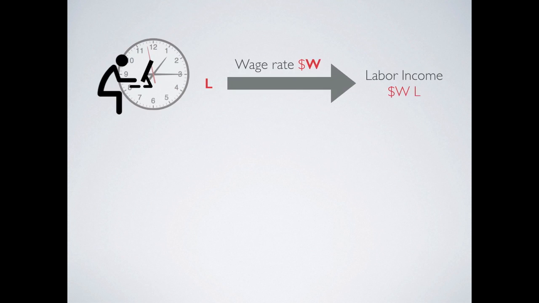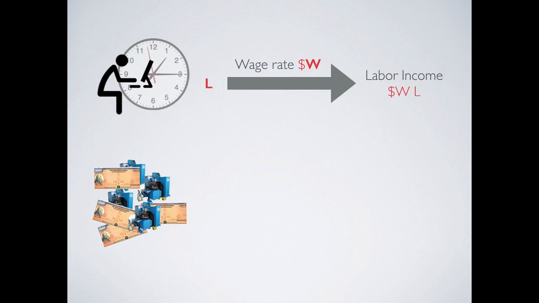So with this feature, we can rewrite our household budget constraint in a much easier way, especially for the income flow part. Now, when we think about a household budget constraint, in each period, we can think about the labor supply that the household supplies to the labor market, L units. Given the wage rate W, the household in this period will be able to obtain labor income of WL. In addition, the household might have some asset left from yesterday.